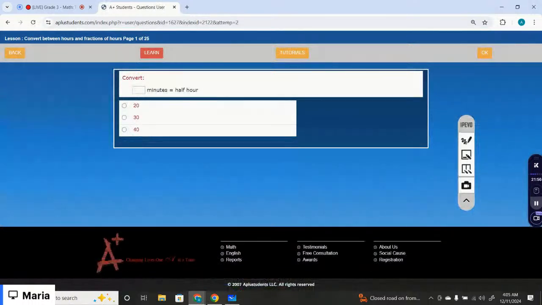Half hour equal how many minutes? Half hour equal 30 minutes. The correct option is 30.